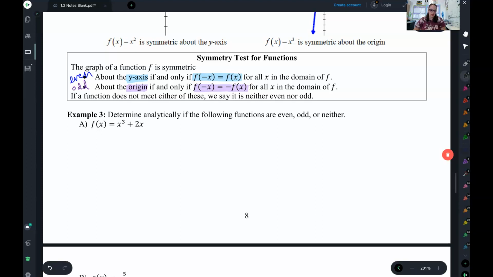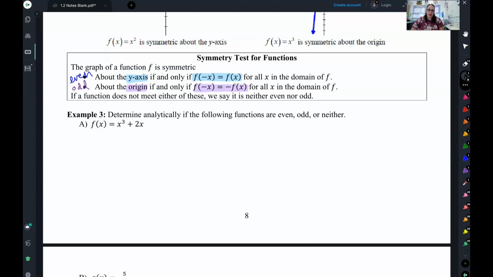So let's do an example. Anytime we have this, I want you to do three things. We're going to find f of negative x. We're going to list f of x. And we're going to find negative f of x. Those are the three parts of these equations. Now, f of x is easy.